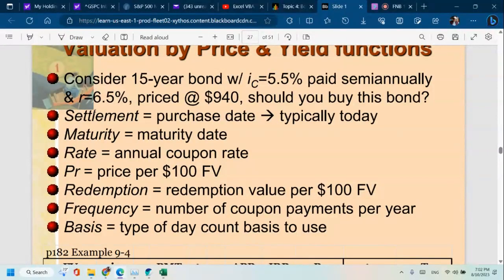Discount rate or prevailing market rate is 6.5. Currently, it's priced at 940, but that's the market price. But is that the correct price? I mean, is that the fair value, or rational price, or intrinsic value? So we want to find out.